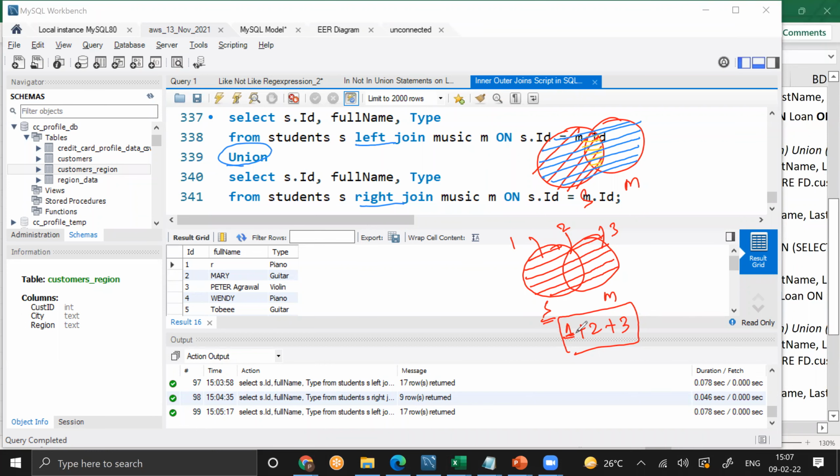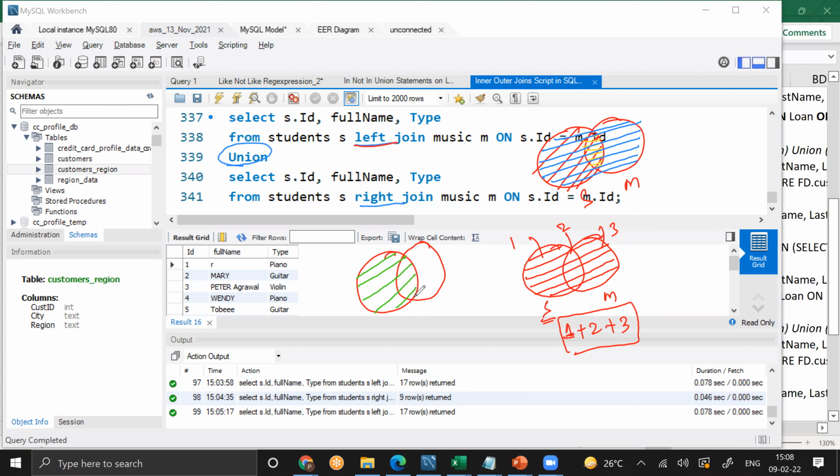Union is just adding the whole data, and in the inner join and the left or right join, we are just filtering. Left join gives you, from a Venn diagram perspective, this portion: all the rows from the left table, including the matching rows from the right table.